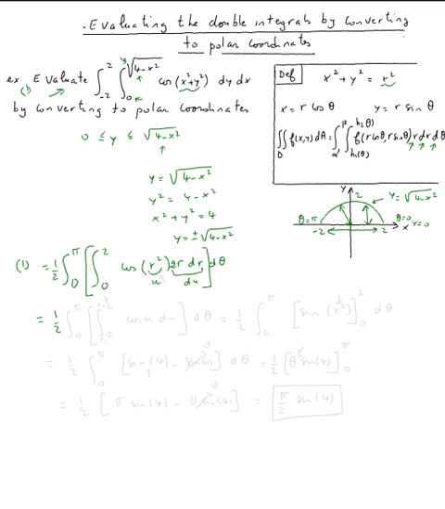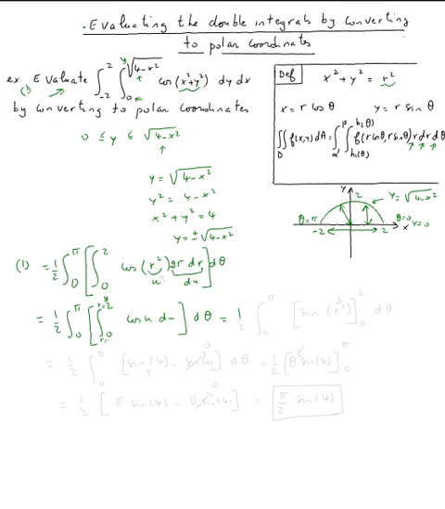So this will be equal to 1/2 the integral of theta from 0 to pi, and this is going to be 0 to 2 of cosine of u du, everything d theta. Now remember, this is not a u, this is the r. Maybe I should say r equals 2, r equals 0, so it doesn't get confused.